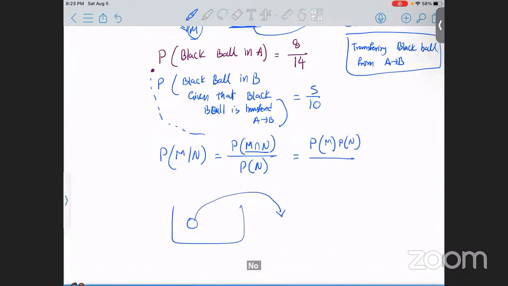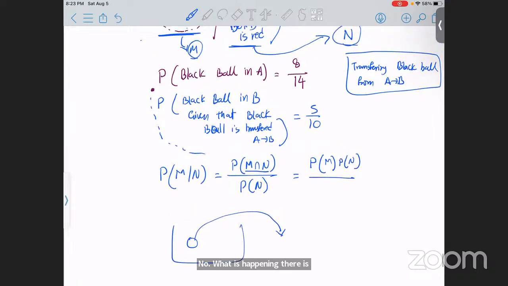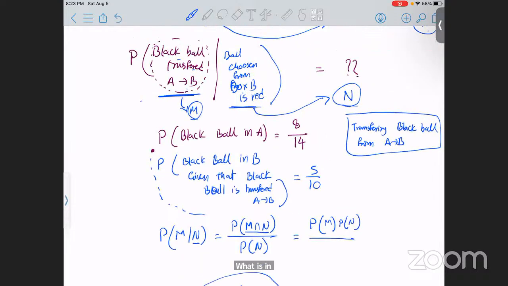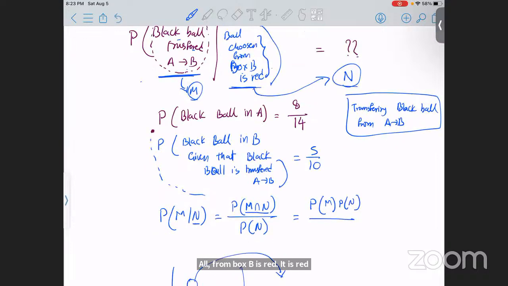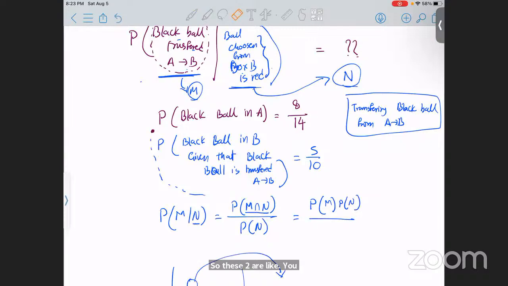Listen to this carefully. What is N? Ball chosen from box B is red. Already they said it is red. So you can say probability of black into probability of red, these two are independent, because they already fixed that they have chosen red.